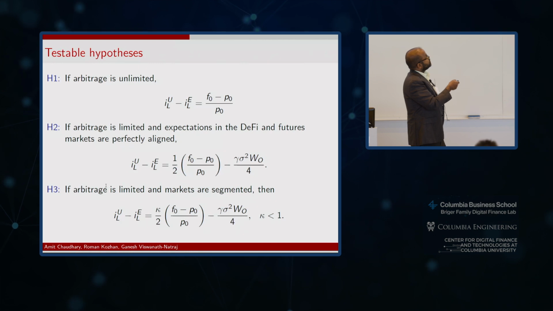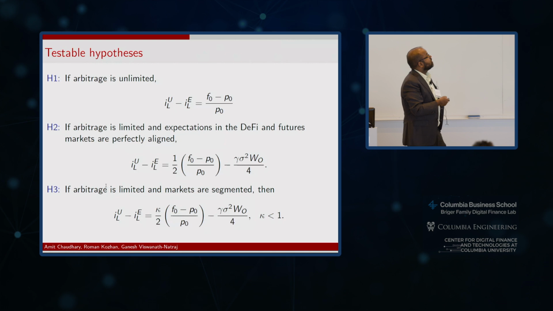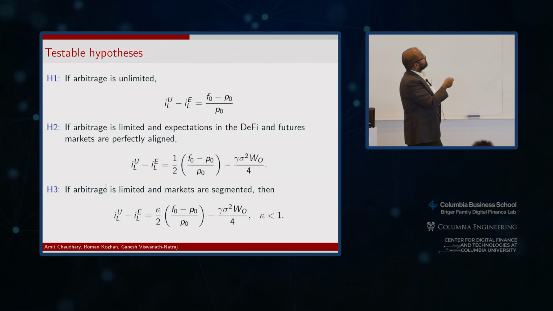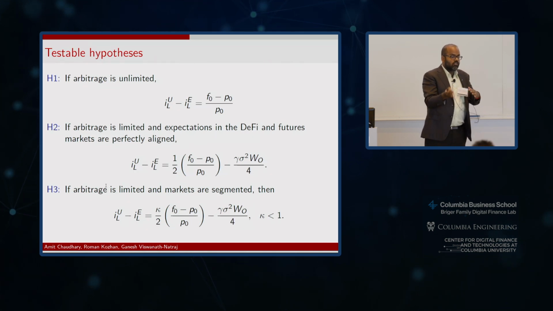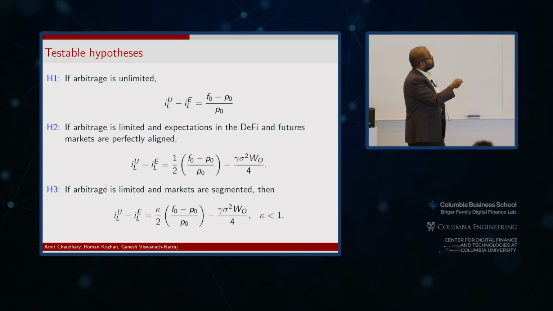So we have this parameter of half, and then we also have a risk premium as well. The third hypothesis is that if arbitrage is limited and there's segmentation, then segmented markets will attenuate the relationship between the interest rates and the futures premium, right? So to the extent that beliefs of investors are different on the lending protocol and futures markets, that's going to attenuate the relationship between the lending protocol and the futures market.